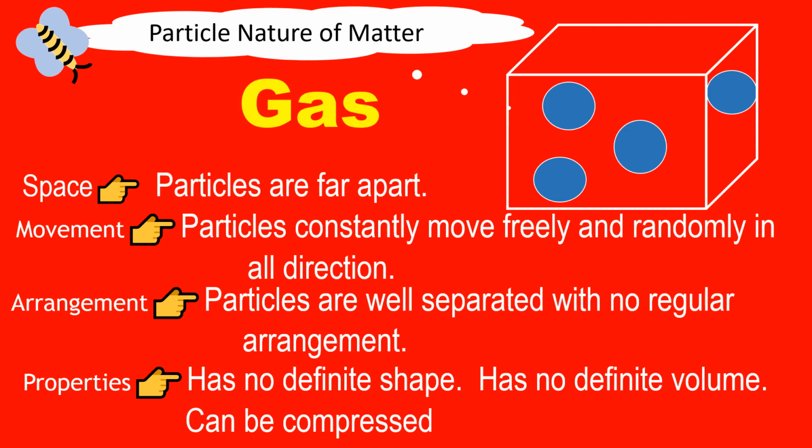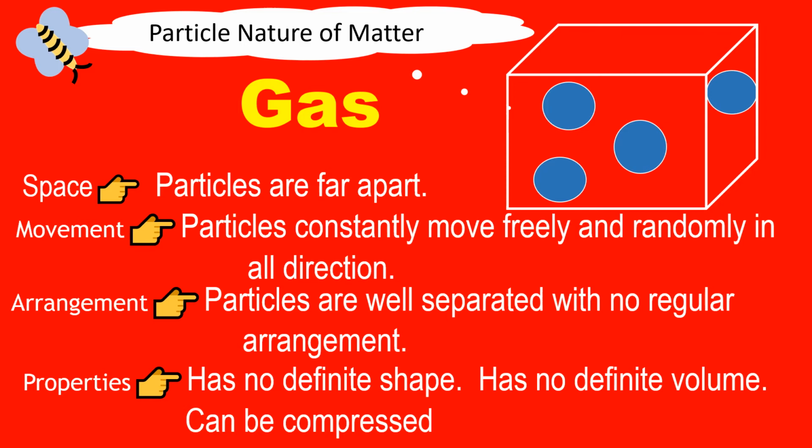Let us also study the particles of gases. At the right side, there is also a picture of the particles of gas. In terms of space, the gas particles are very far from each other. The gas particles constantly move freely and randomly in all directions.